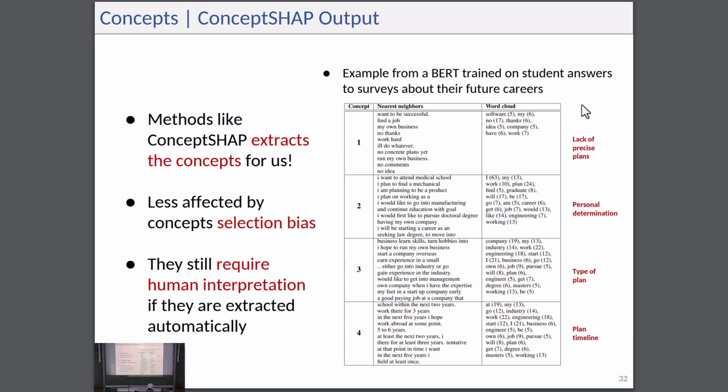Exactly. So here, 4 concepts about students' plans were extracted, and the 4 that came out of the analysis were: the lack of a precise plan, personal determination, the type of plan, and the plan timeline. Because here it's all about what the plan was for the students that filled out the survey. What I'm trying to convey with this very complex example is that yes, we get the job done for us, which is great.